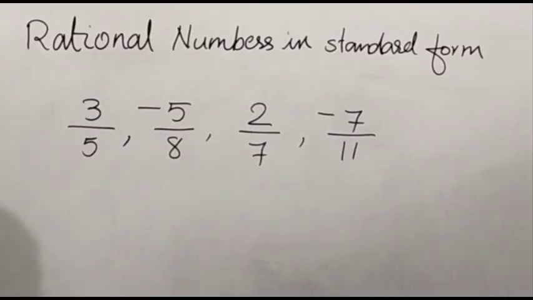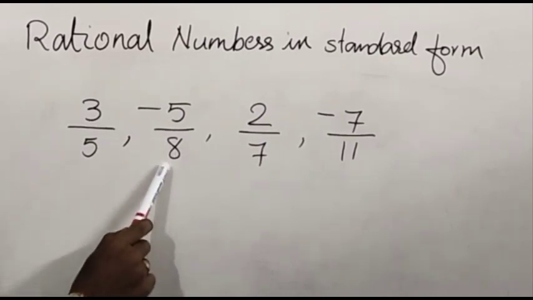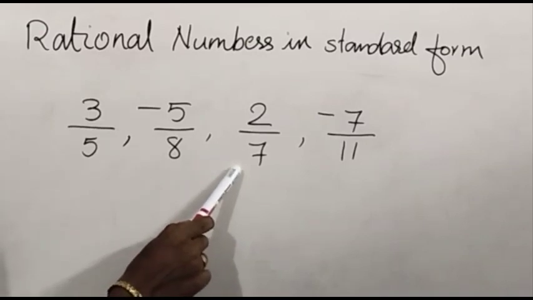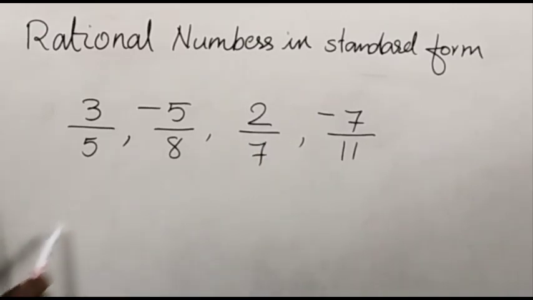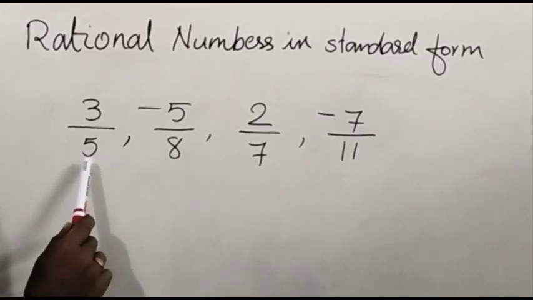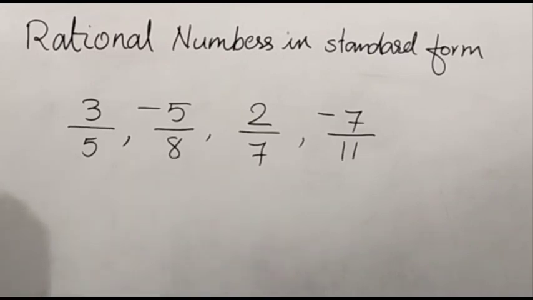Let us consider the following rational numbers: 3 by 5, minus 5 by 8, 2 by 7 and minus 7 by 11. Look at this. The denominators of these rational numbers are positive integers and 1 is the only common factor between the numerators and denominators.